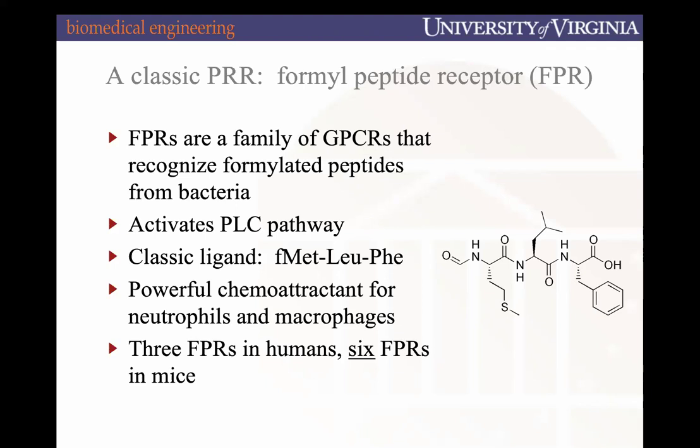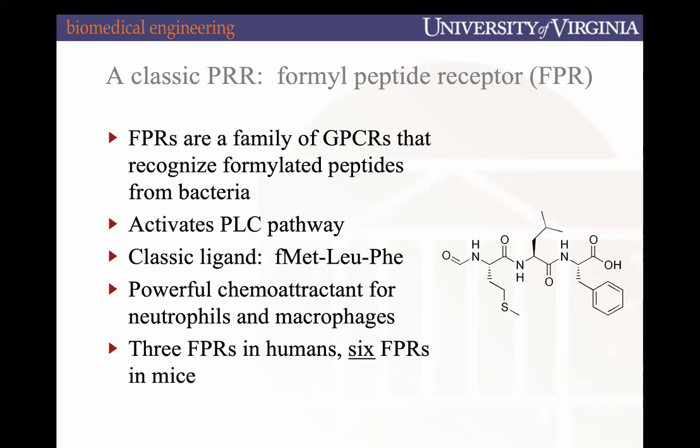What's interesting is we oftentimes talk about humans being a higher order organism than, say, rodents, yeast, bacteria. But humans only have 3 FPRs, and mice actually have more. They have 6. Thinking about how things are selected for over time, and that FPRs recognize bacteria, why might you think that humans only have 3 and mice have 6?